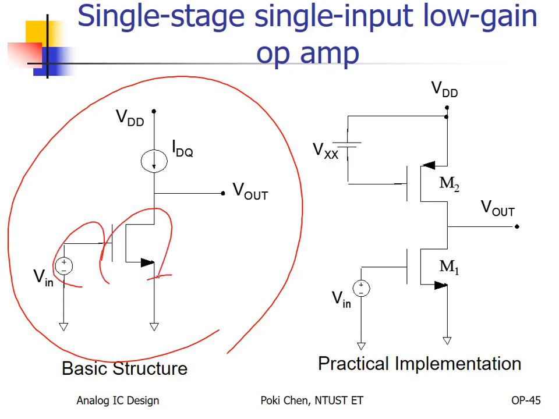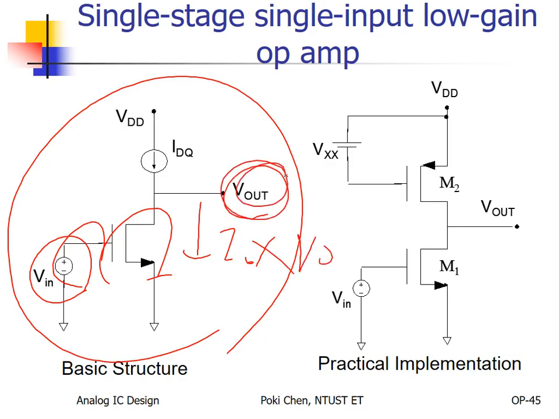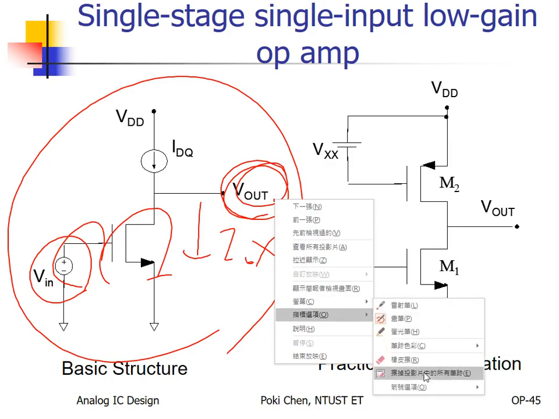Through the help of the input transistor, we convert the input voltage into output current. And then multiply your output current by output resistance. You will get Vout. That's it. Very simple idea. You don't need to derive. You just think. Then you can get what's the outcome. Okay? But anyway, that is an idea.